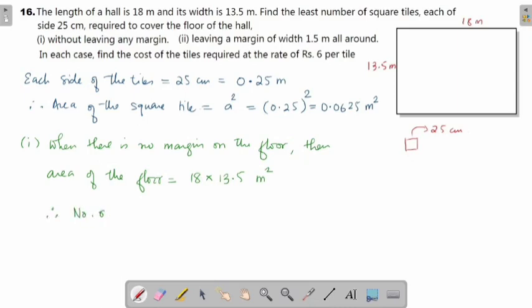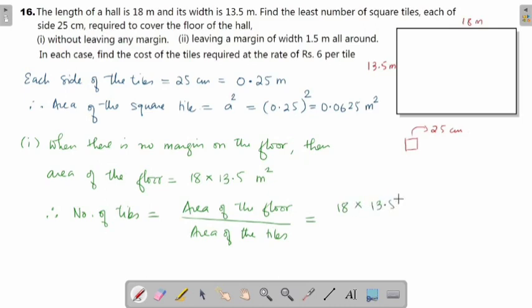Therefore number of tiles will be equal to, I told you the formula, area of the floor divided by area of the tiles. The area of the floor is this much, so 18 into 13.5 divided by the area of the tiles, which is 0.0625.